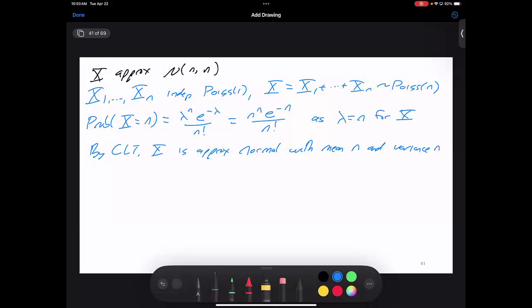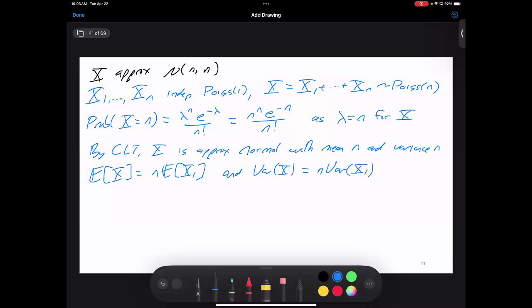And this is because we can just calculate, the expected value of x is just n times the expected value of x1 because they're all the same. And the variance of x is n times the variance of x1 because they're all the same. What's nice is when I'm giving this lecture, I have this moment of fear.